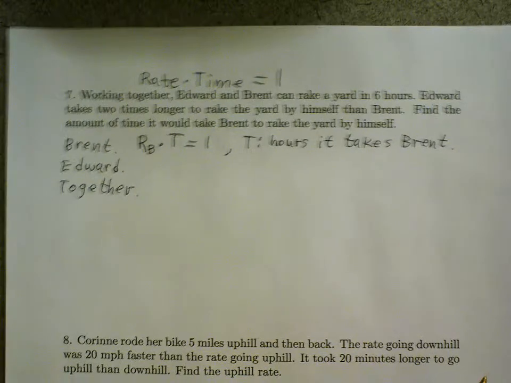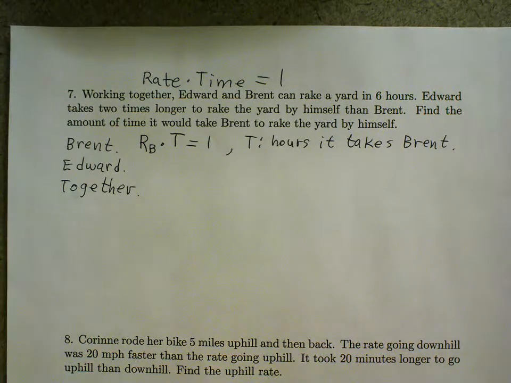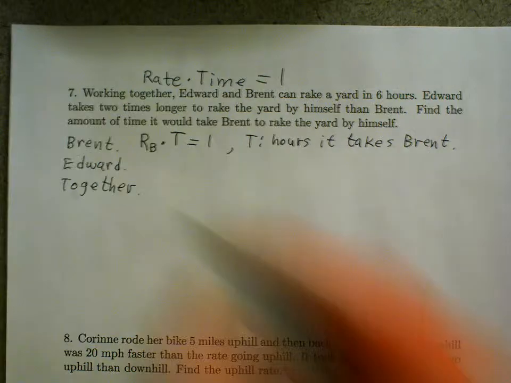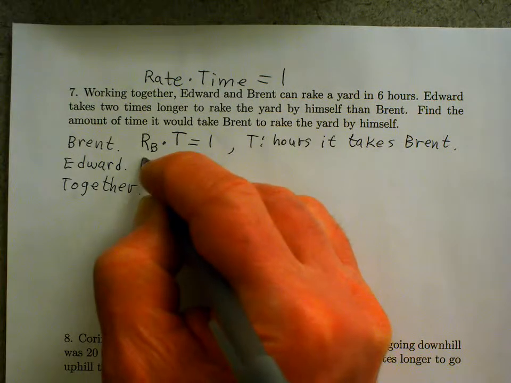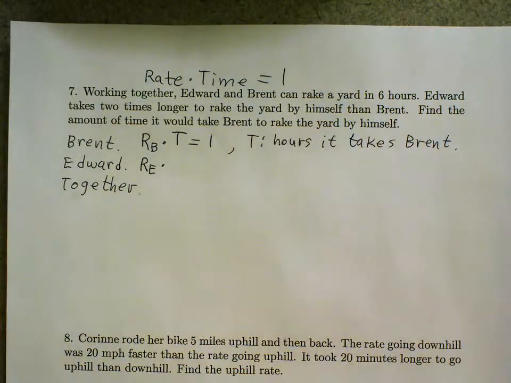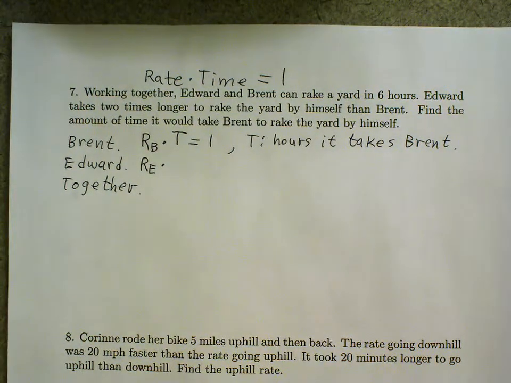Okay, what should we write down for Edward? Well, Edward works at a certain rate, so I'll represent Edward's rate by R sub E. So what about Edward's time?